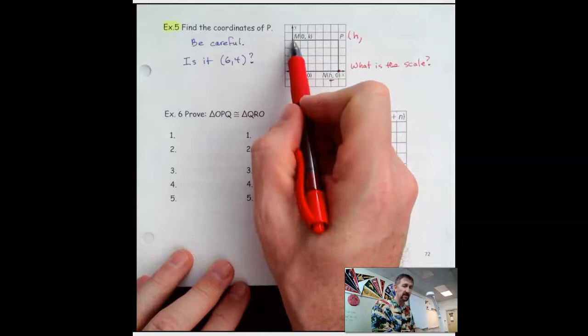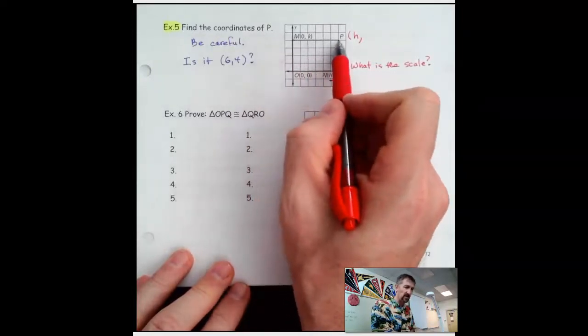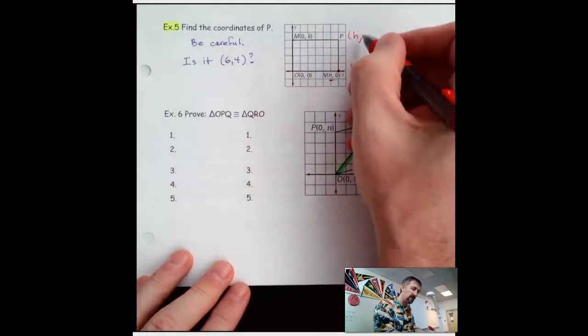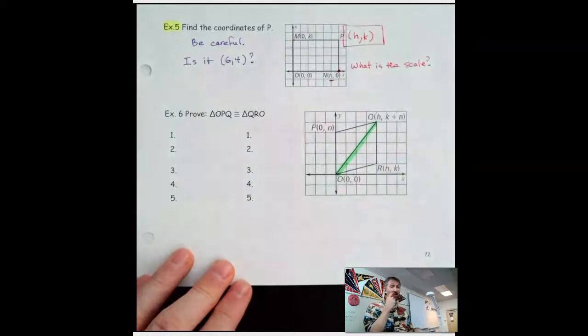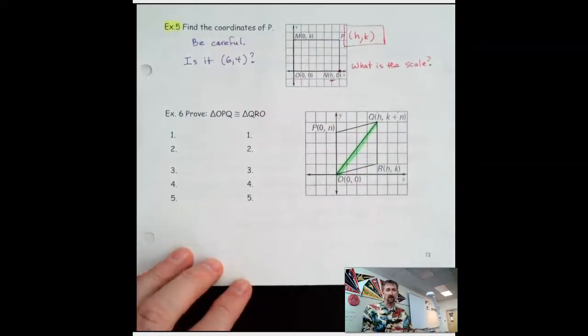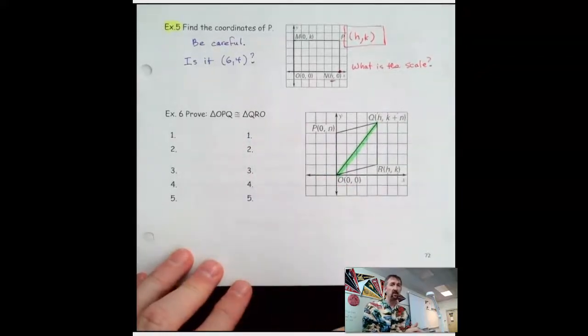We don't know what K is, but we know that this is it. So that means everything on this horizontal line also has a y-coordinate of K. So what we do know is that our answer should be (H, K). And now you say, okay, now I see why you said be careful. Okay. So from now on, when you're told to be careful, look for that.